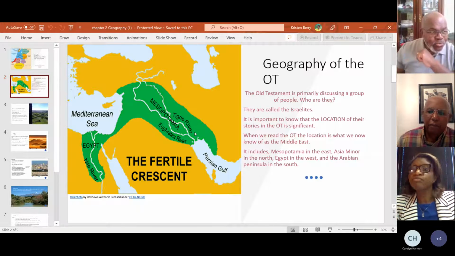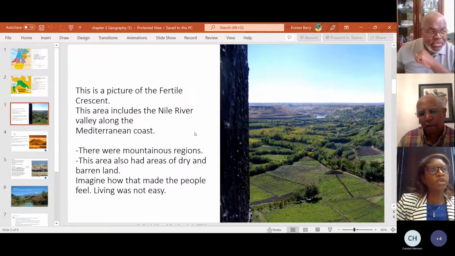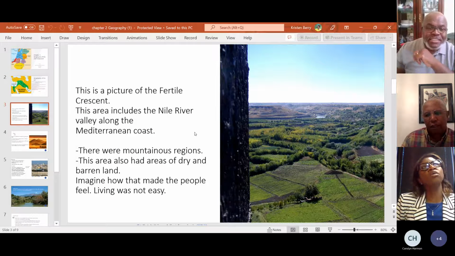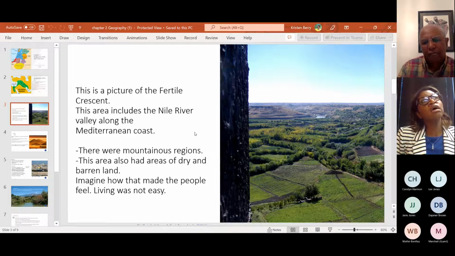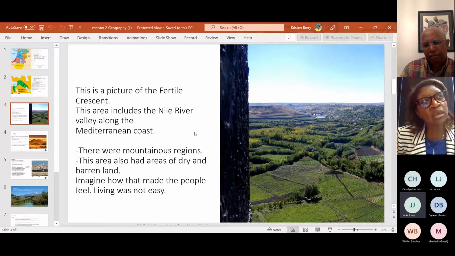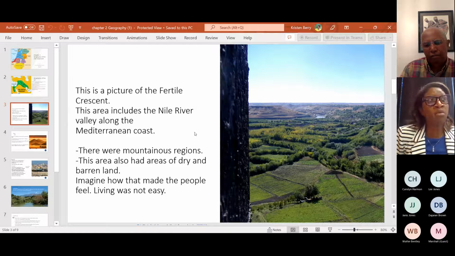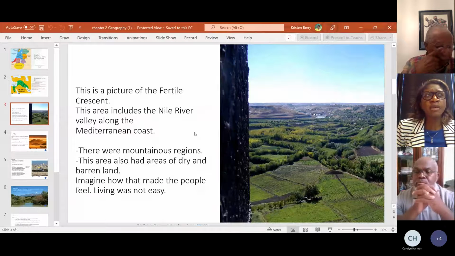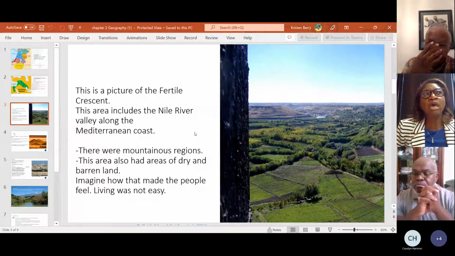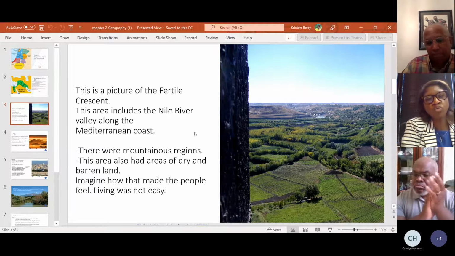Donkeys, or by foot, or ship? Donkeys, right. Probably a donkey, maybe some type of horse, camel, and they're on foot. Somebody said ship. Yes, I'm sure they had some type of vessels to get across water.